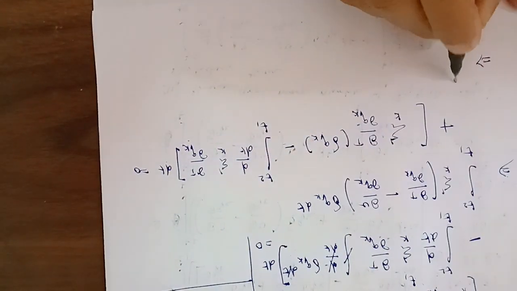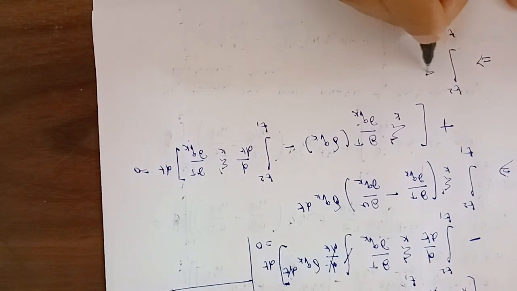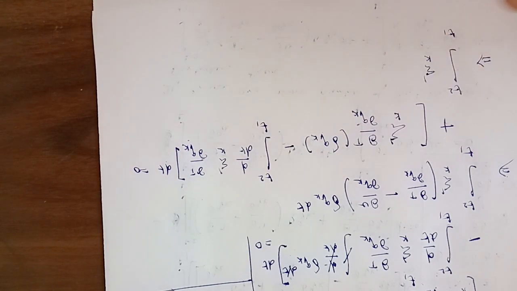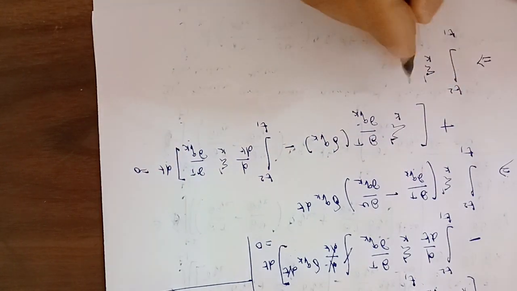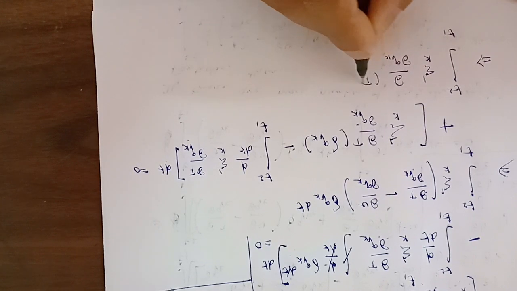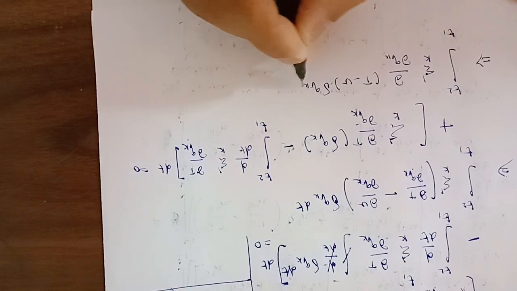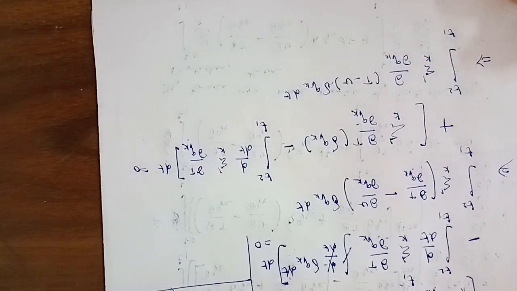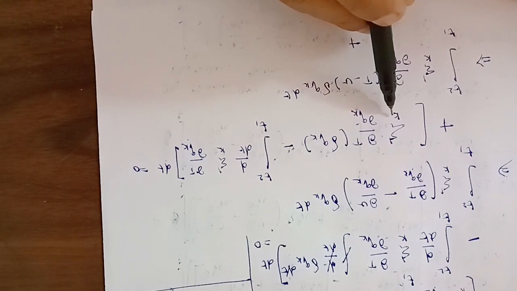this term integral t1 to t2 summation of k, here commonly you remove dou by dou qk outside. So dou by dou qk into t minus v, then this delta qk is as it is, and dt, then plus, what will happen to this term?